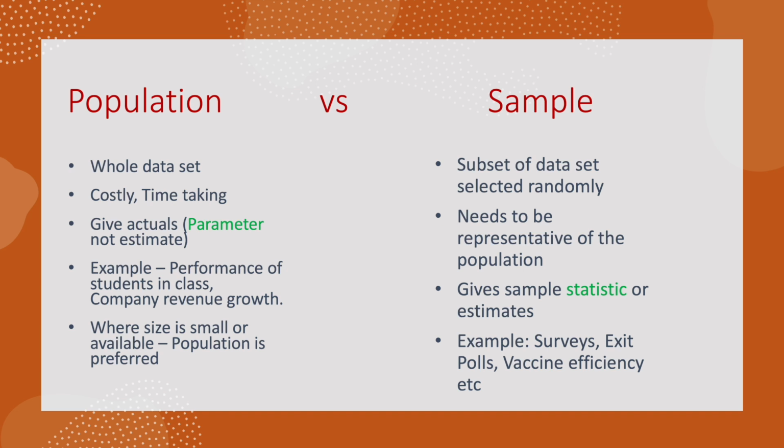It's very easy to do an analysis on top of that, right? In that case, we'll take the entire class, and the class will become the population. In those scenarios where the data size is small, we can deal with the population.